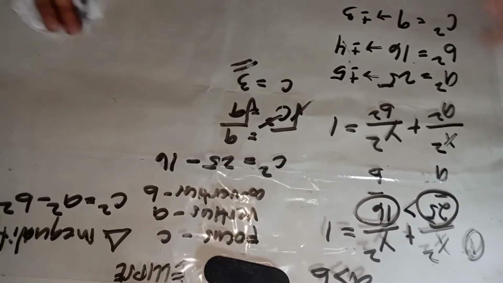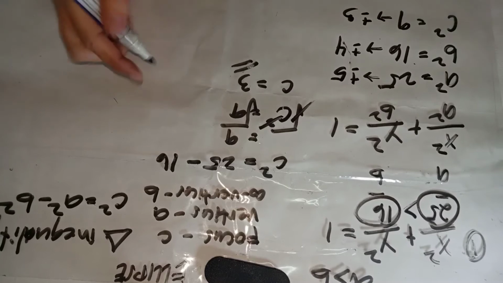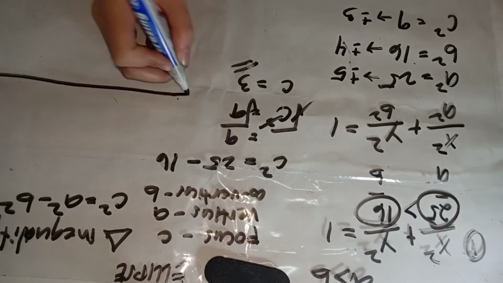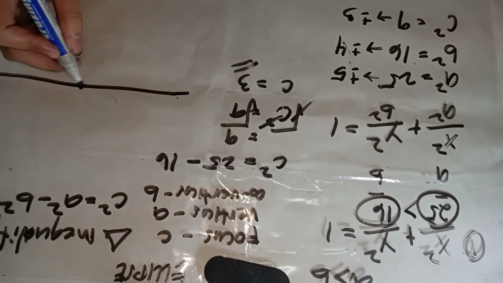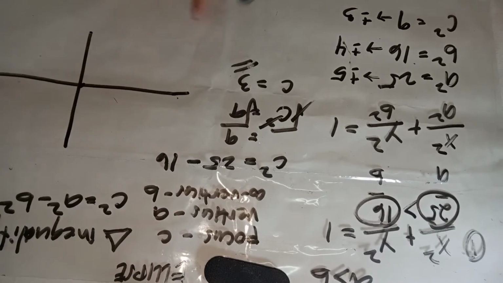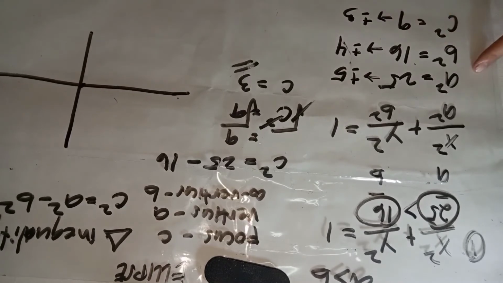Okay? So, since horizontal, ibig sabihin, nakahiga yung ellipse natin. This is the center. Let's now count. Pag a squared, ibig sabihin, di ba siya yung major axis natin? So, magka-count ka.